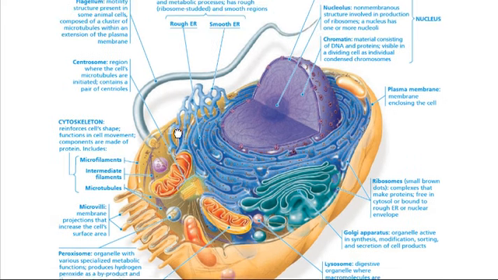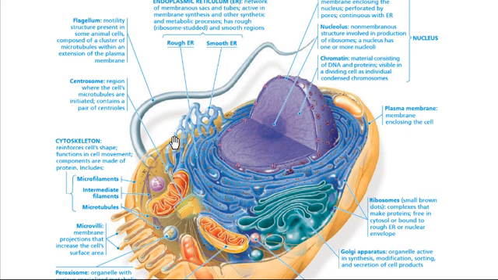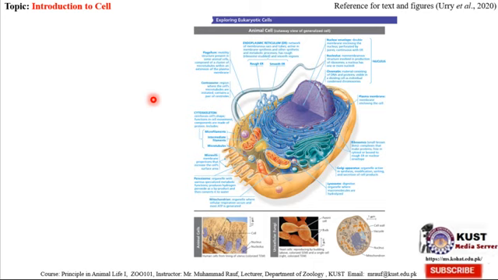Then we have a centrosome, where the cell's microtubules are initiated, that is during the cell division. So this was the panoramic view of a eukaryotic animal cell.